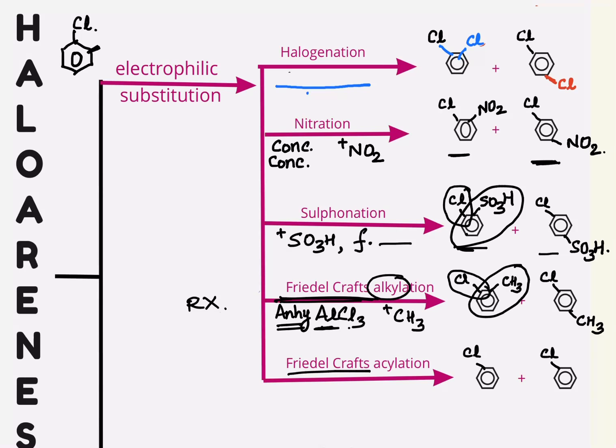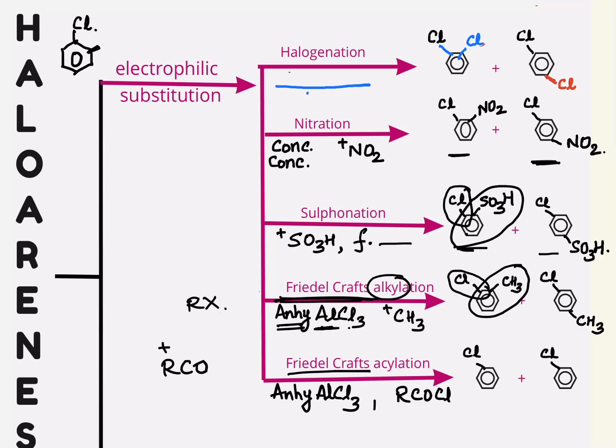Friedel-Crafts again. So I have anhydrous AlCl3 as the catalyst. Acylation, that means replacement by the RCO group. So what can you take? You can take substances like acetyl chloride.